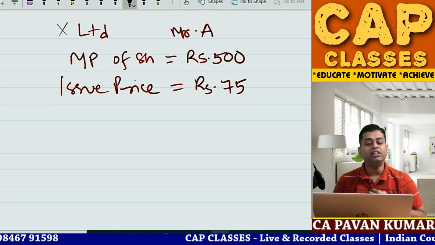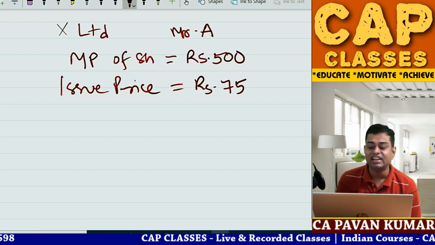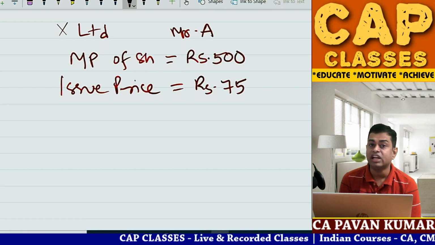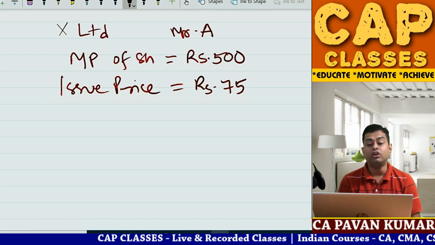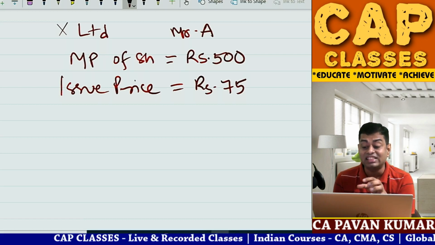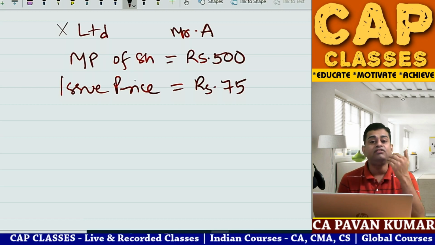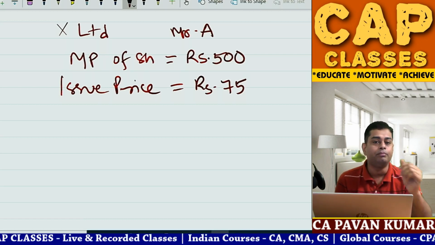Give 75 rupees, take one share, 500 rupees per share. Mr. A is excited and said, sir, thank you so much. I would love to buy this share. So A purchased the share. You have given the option, the counterparty exercised. So he gave 75 rupees, you have given a share to him.